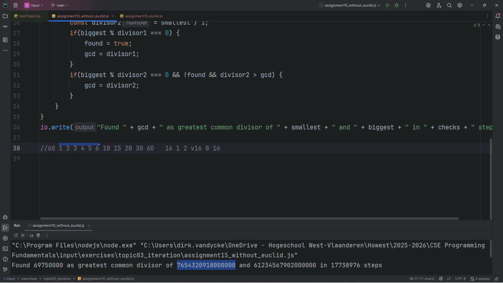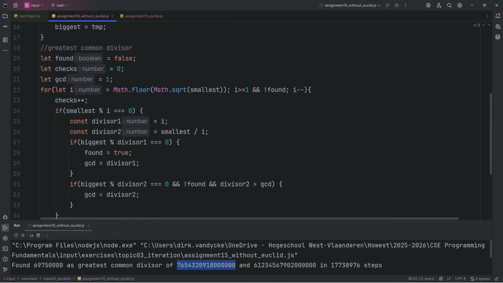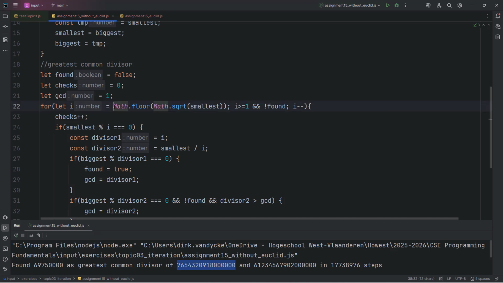So if I find the close ones, I can calculate the far apart ones. The only thing I have to do is start at 1 again, go all the way up, smaller or equal than the square root of smallest. There we go. And if I have found it, I can stop as well.